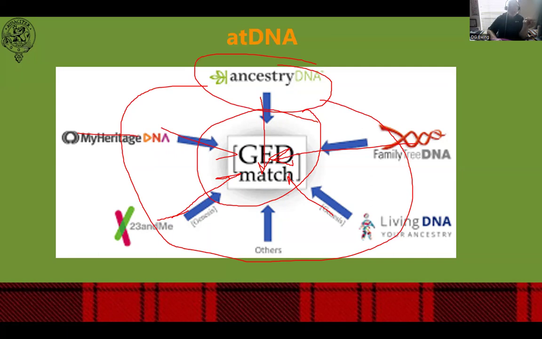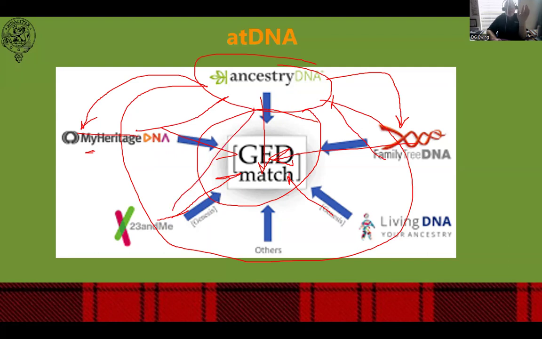Now, not everyone from MyHeritage uploaded, so that's the reason you want to download your results from Ancestry to MyHeritage. But Ancestry won't allow you to upload a family tree to them. They won't allow you to upload MyHeritage. So there are reasons.